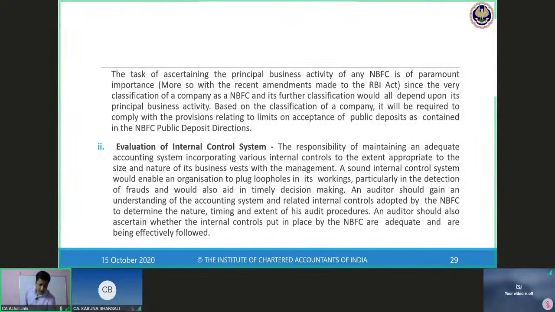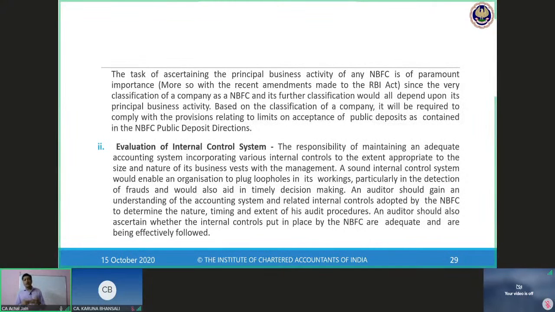And in case any of these things are not made available to him, he will not be required to do this on his own. He will require the management to provide all of these details to him, on the basis of which he'll work and get onto his audit procedures. And around the audit procedures also we had a discussion broadly as to what all items will be covered by the auditor.